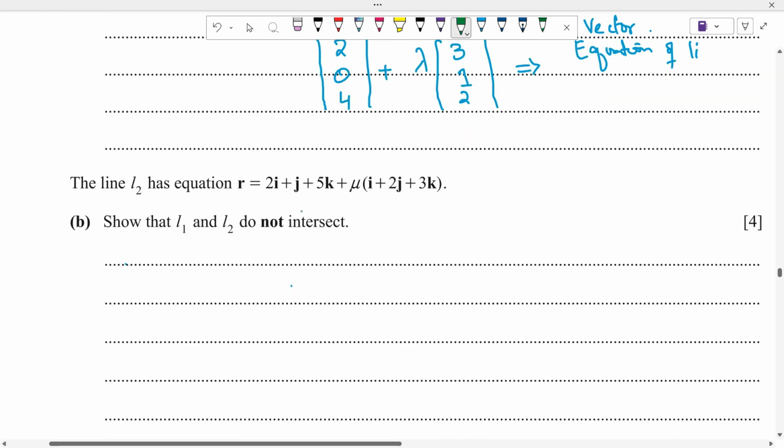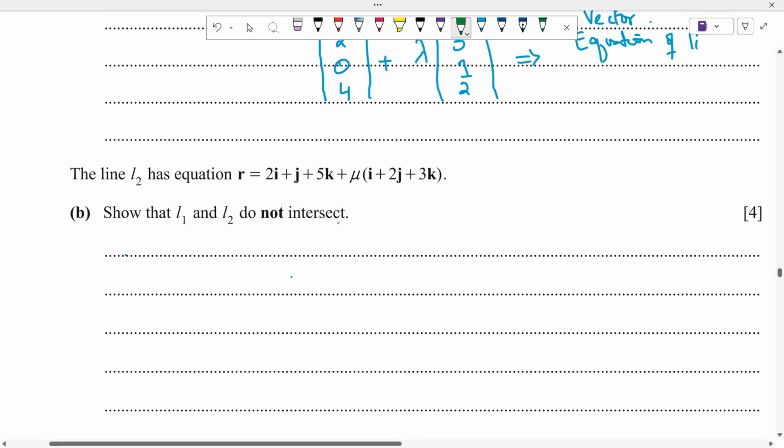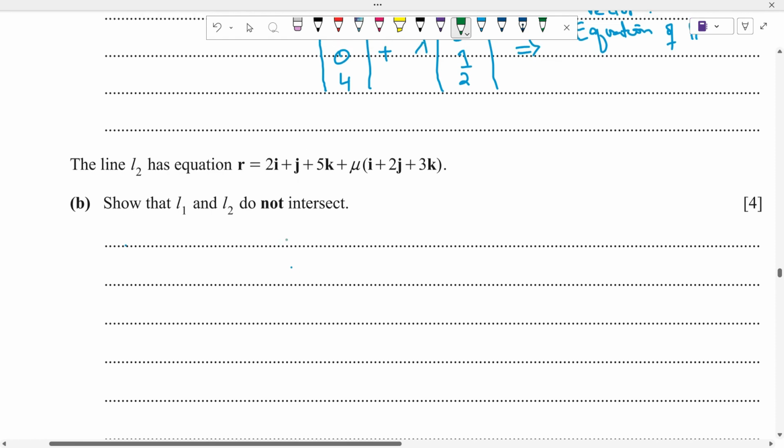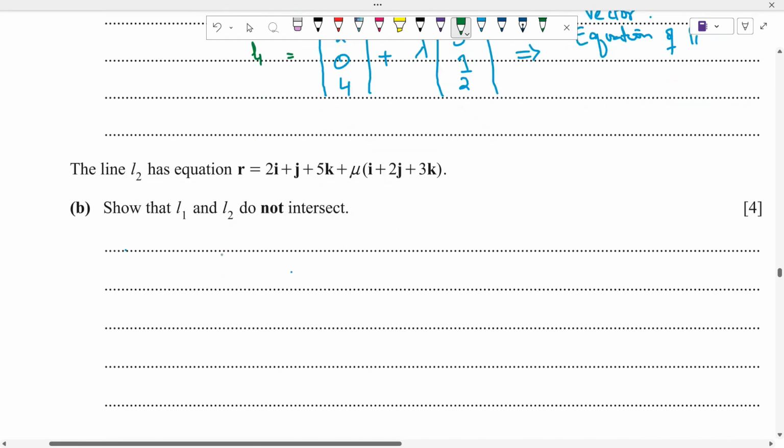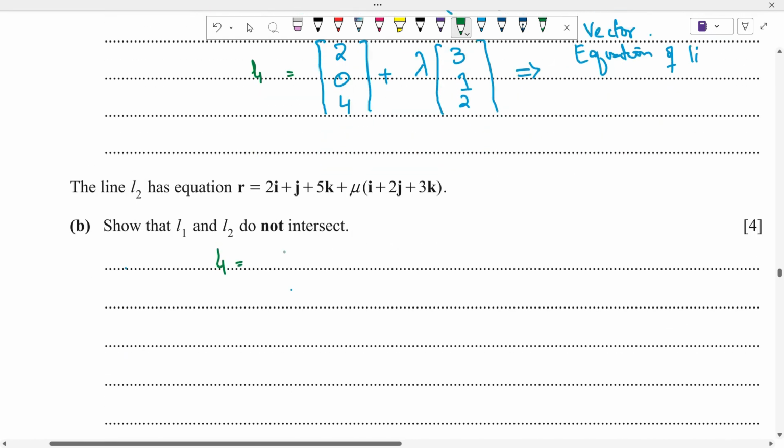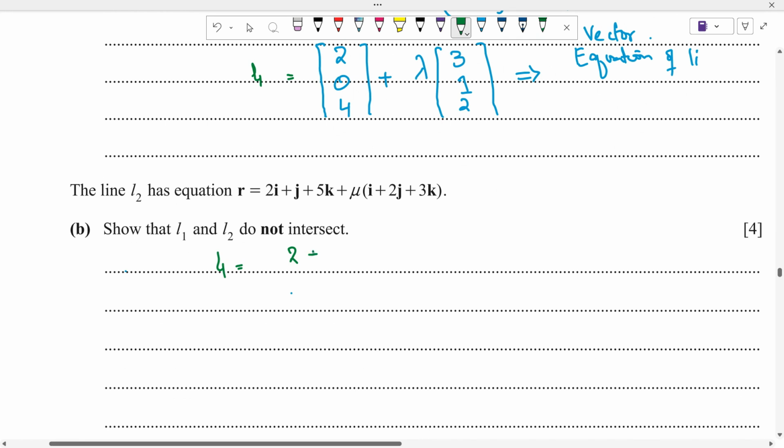To prove whether they have an intersecting point or not, we will first write the equation of L1. So L1 is equal to 2, 0, 4 plus lambda times 3, 1, 2.